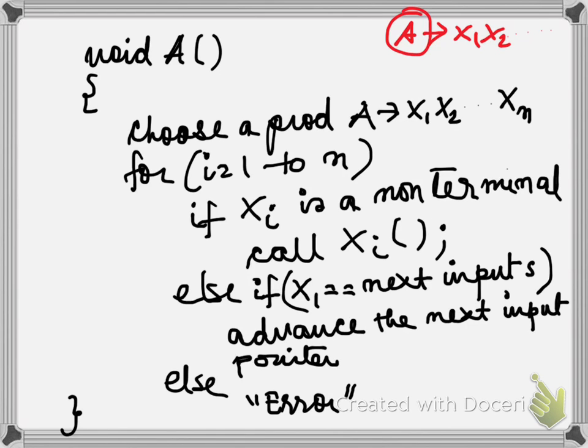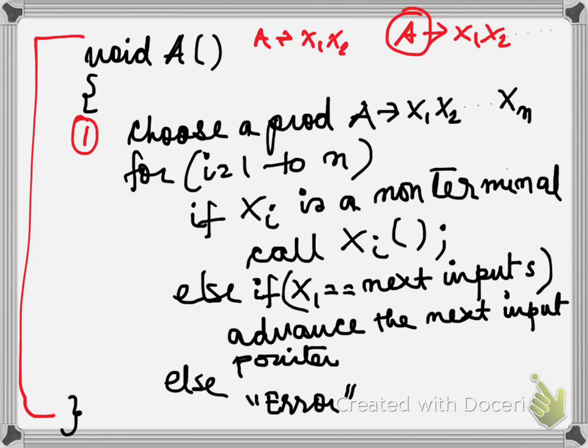So for A I may have a function like void A, and this is the body of the function A. In the first statement, I choose a production A derives x1, x2, up to xn. There may be multiple A productions, something like A derives x1, x2, or x3, x4. So I will choose one of the productions.